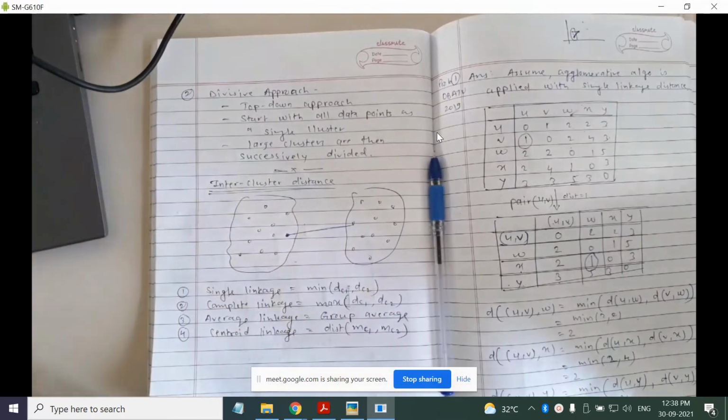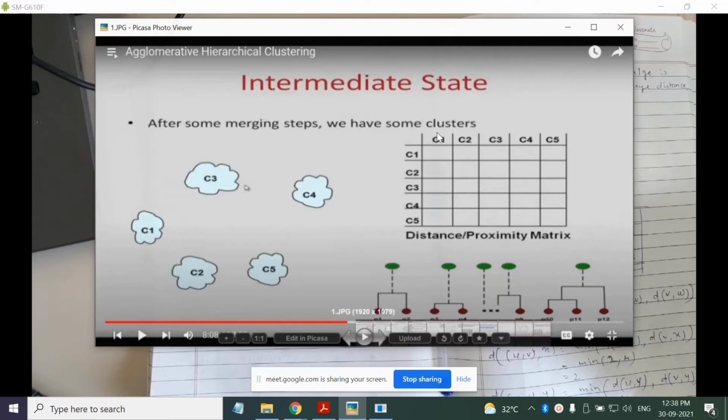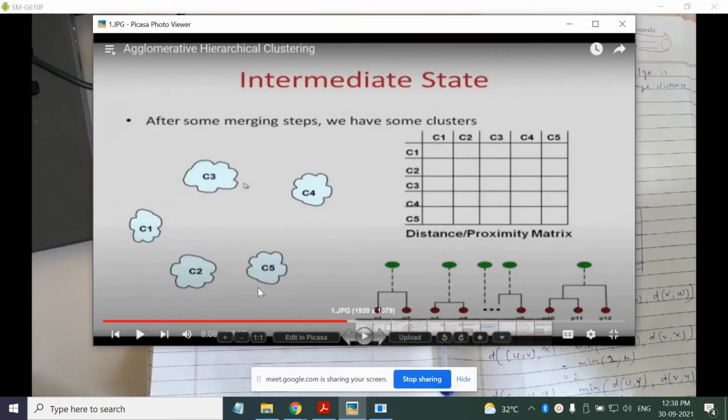I have one figure here. These screenshots are taken from the Sudeshna Sarkar course. At an intermediate state you may get these clusters. Now I can merge. Here I will find the distance matrix for this intermediate state.